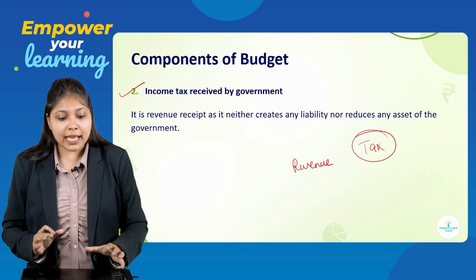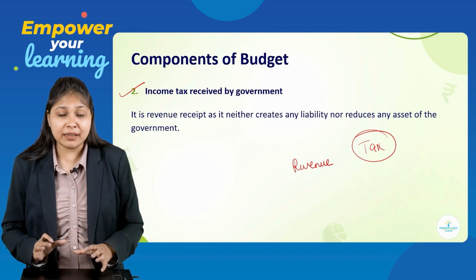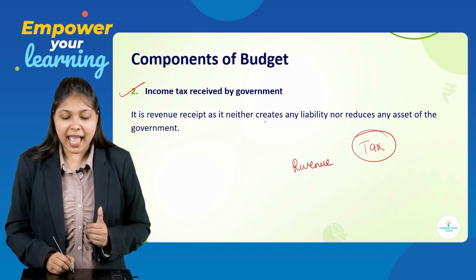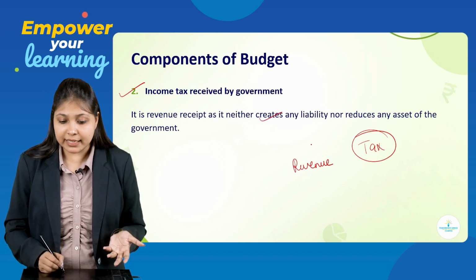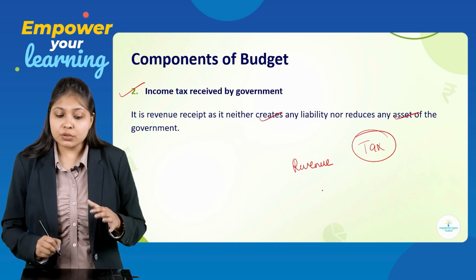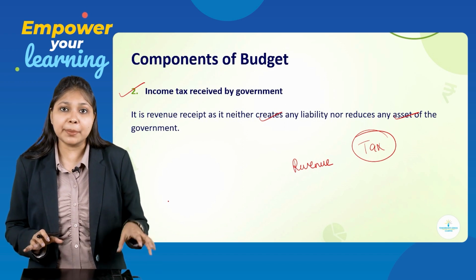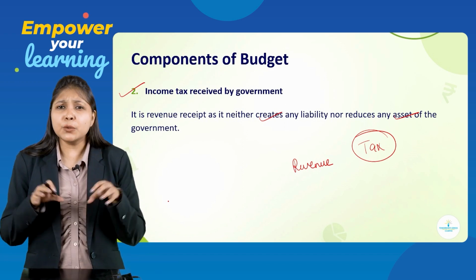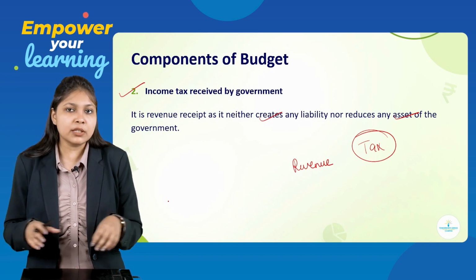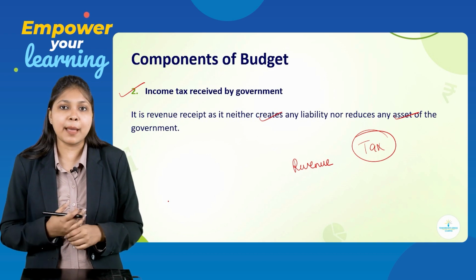So indirect tax, income tax or direct tax are going to be types of revenue receipts. Here we understand how you are going to identify the difference between capital receipt and revenue receipt. If you know the basic meaning of revenue receipt and capital receipt, you can easily crack which kind of receipt the following example talks about.